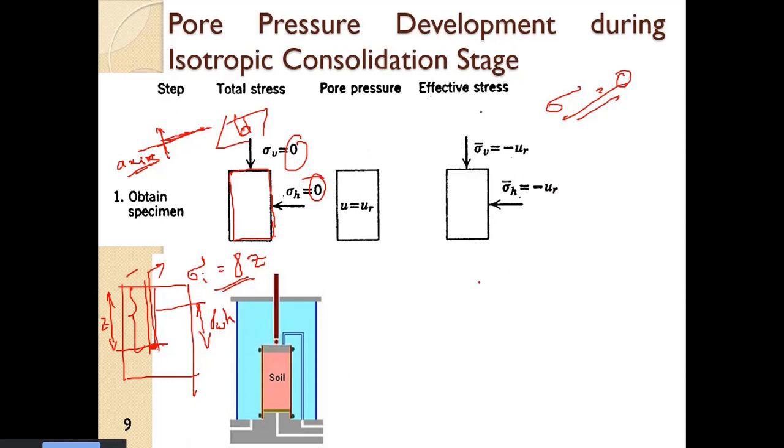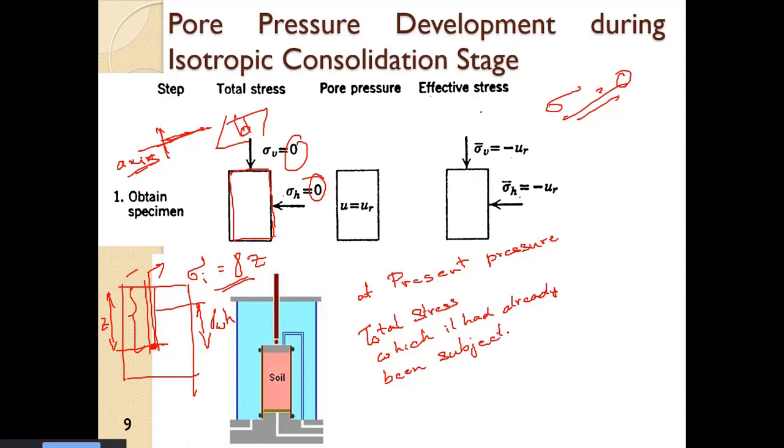So if we look at the present pressure and the total stress which it had already been subjected to, we can consider this sample to be definitely overconsolidated at this present state.